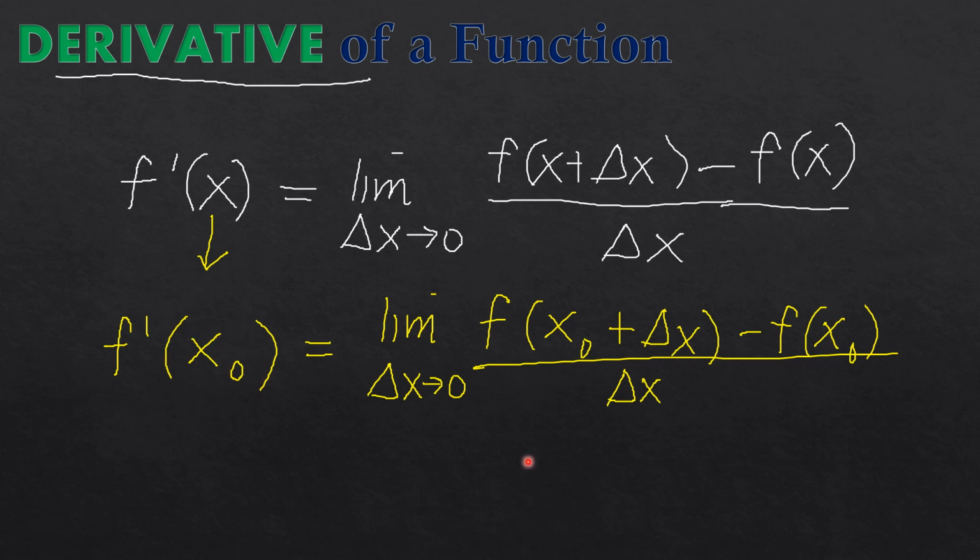So this formula is good to use if you're going to make use of the specific value of x, or the given value of x. Here, this will provide you the general expression, the derivative. That is why you're going to substitute the value of x into that general expression.